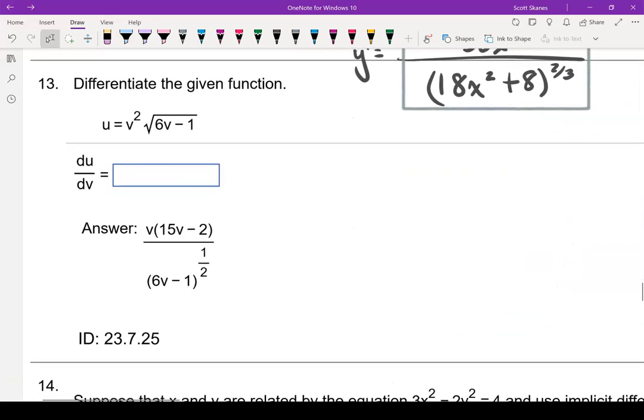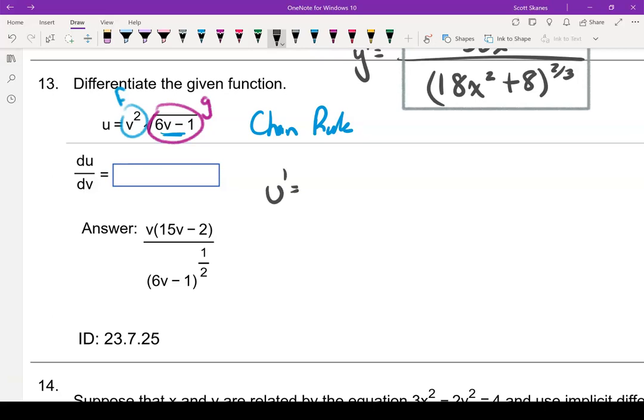Differentiate the given function. This is a special case where we have a product rule with f and g, but we also have chain rule because we have that expression to the power of a half here. So we're going to do the product rule. This is u prime, I suppose, but it doesn't matter. The derivative of the first one is 2v, and keep the next one the same.